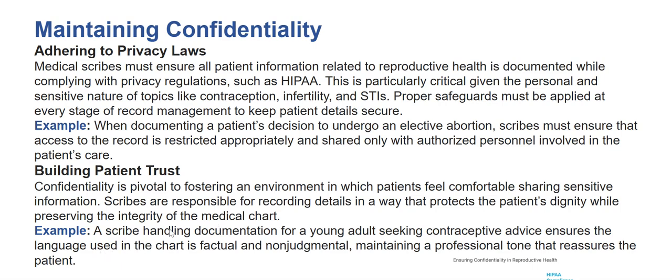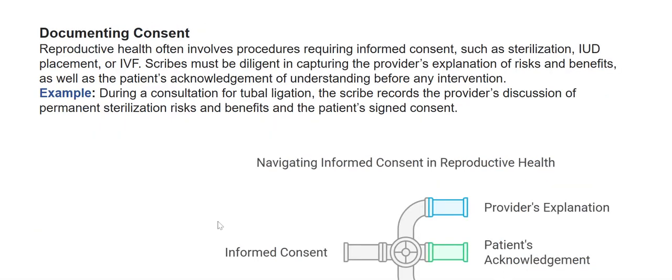Example: a scribe handling documentation for a young adult seeking contraceptive advice ensures the language used in the chart is factual and non-judgmental, maintaining a professional tone that reassures the patient. And here is a summarized diagram on ensuring confidentiality in reproductive health. Documenting consent.